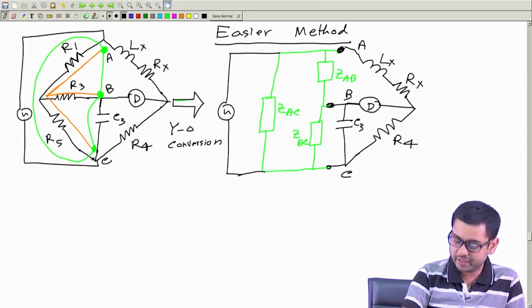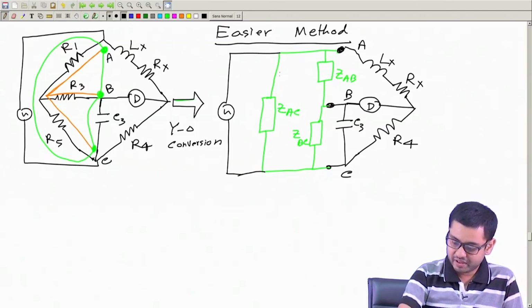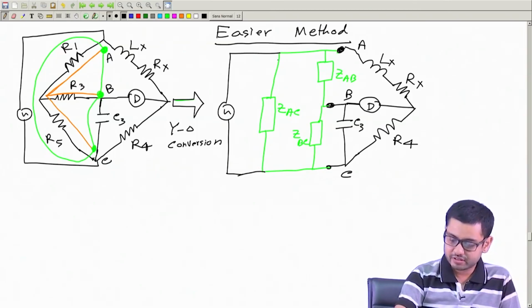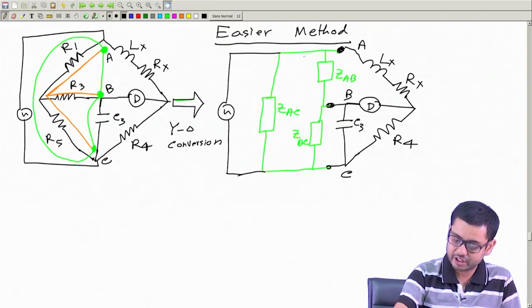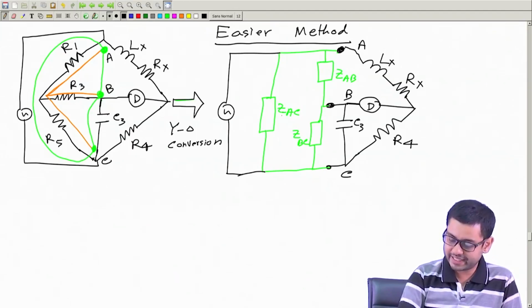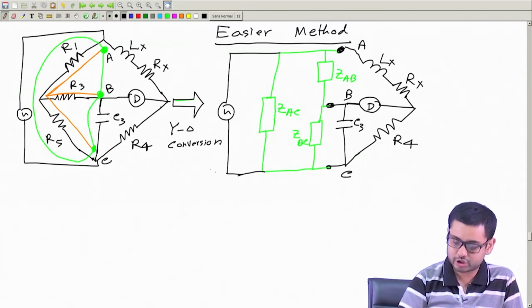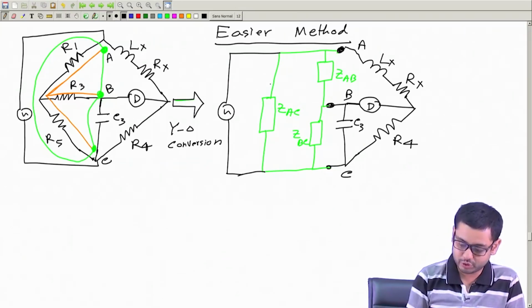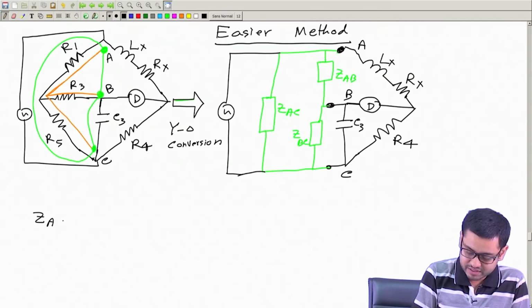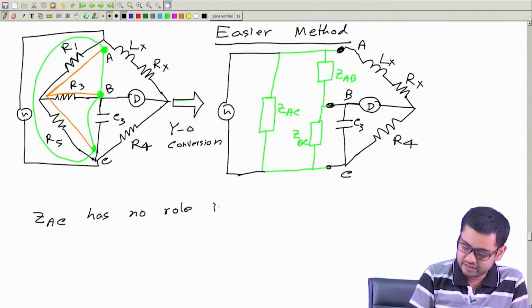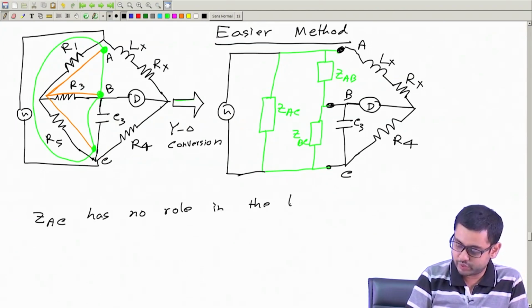It is simply in parallel with the voltage source, drawing some extra current which does not go through the bridge. So, ZAC can be thought of as an integral part of the supply system, and it has no role in the balance equation.